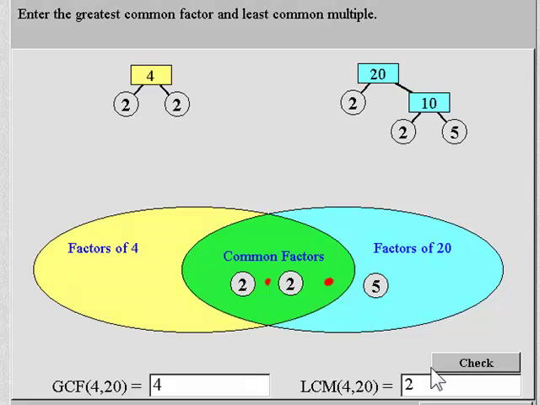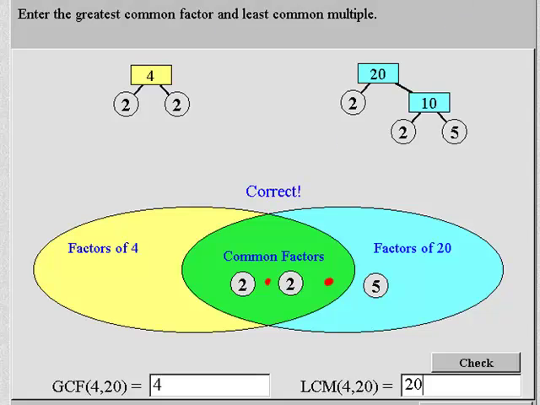So let's check that out. And yes, we found out that if you multiply the 2 common factors, you get the greatest common factor of 4 and 20, which is 4. And if you multiply all of the prime factors, you will find out that 20 is the least common multiple.